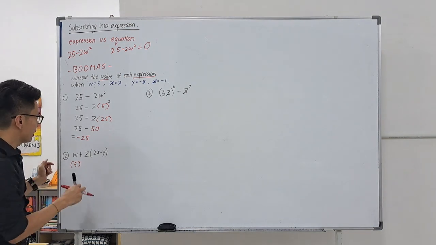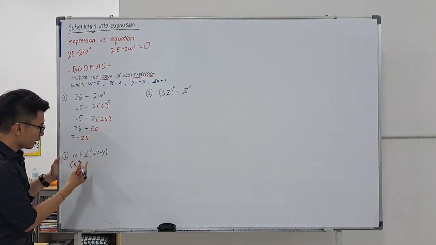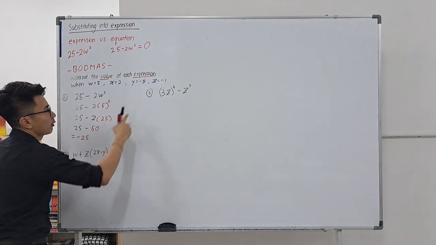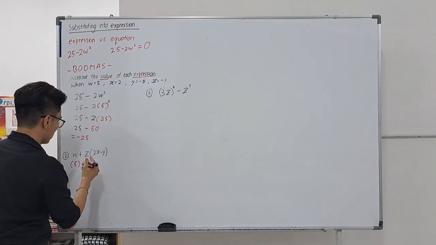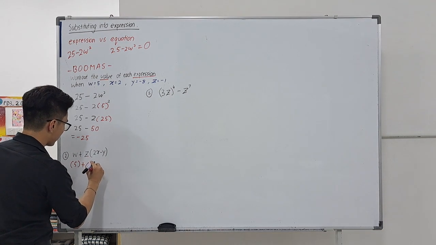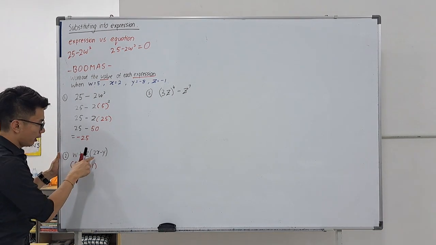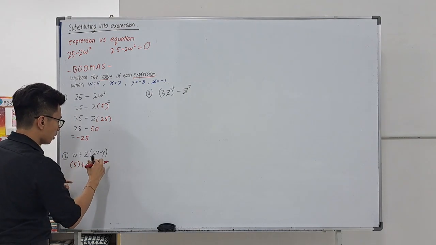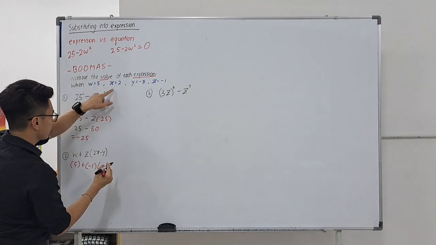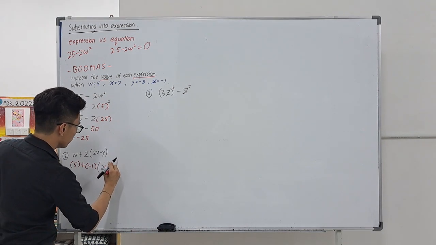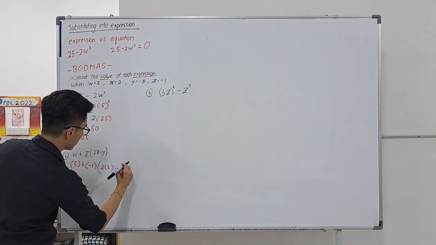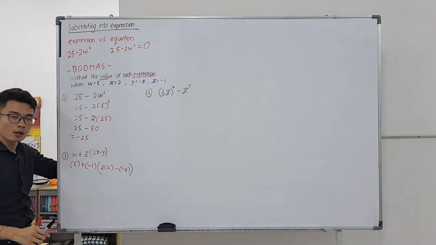You will see how useful that is in a while. Now plus over here, I will put a plus here. Z, that's going to be my negative 1, so I'm going to put another bracket, a negative 1 over here. And over here, I have a bigger bracket, and I have 2, X, that's my 2, minus Y, that's my negative 8, close back the bracket.